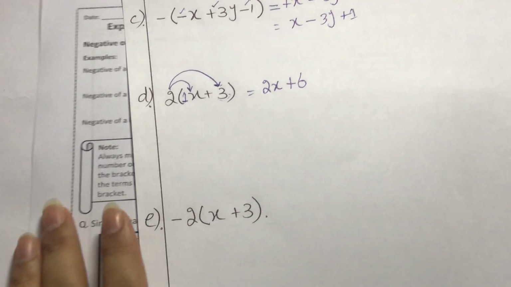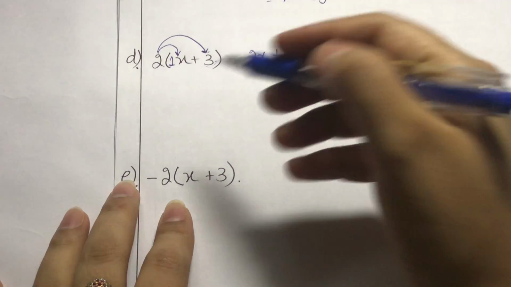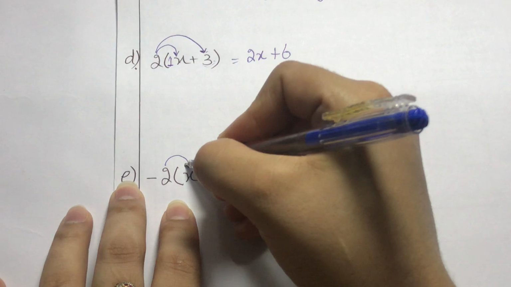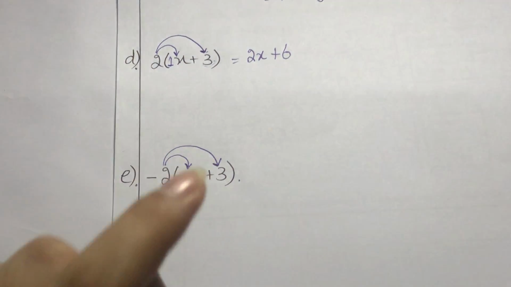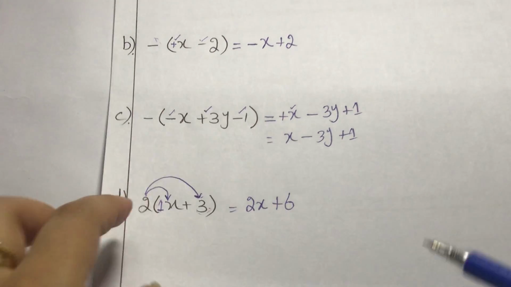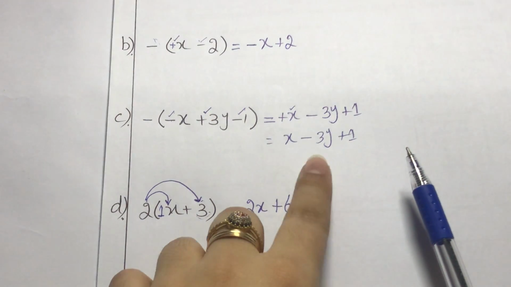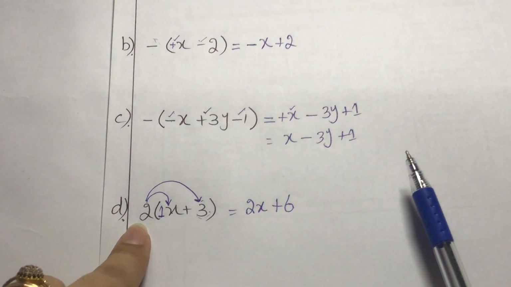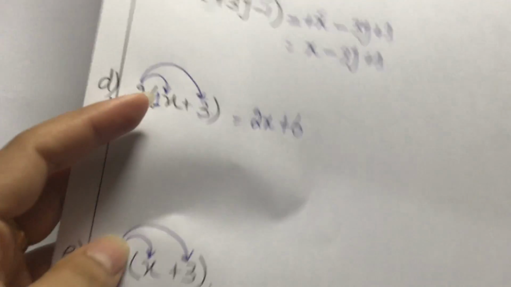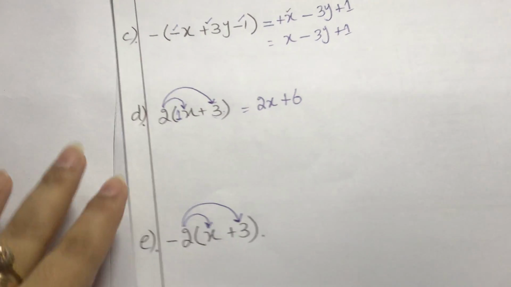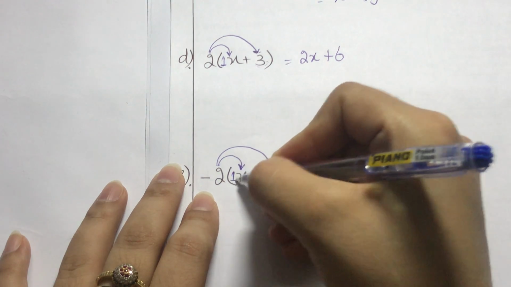Now similarly, if the multiple is negative 2, then what we will do? We will again multiply this negative 2 with the terms inside the bracket, but there will be a change. You have to combine these two things. A negative multiple, a negative sign outside of the bracket, will change the signs inside the bracket, and you have to multiply this multiple with the terms inside the bracket, right? So you have to keep these two things in your mind. So first what we will do, there is no coefficient, that means it's 1.